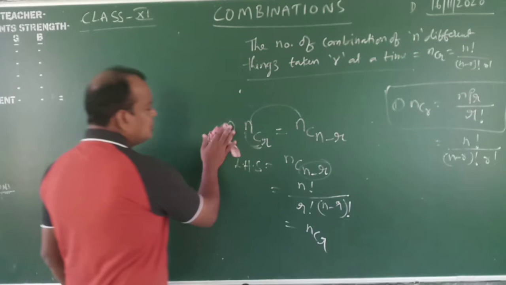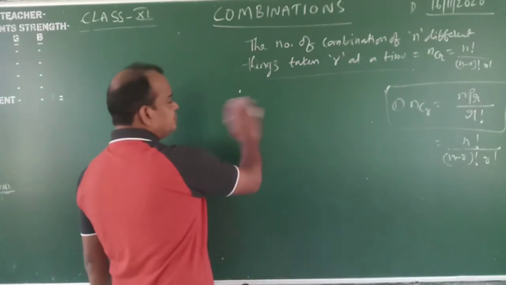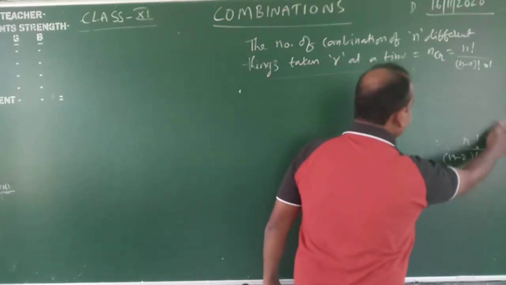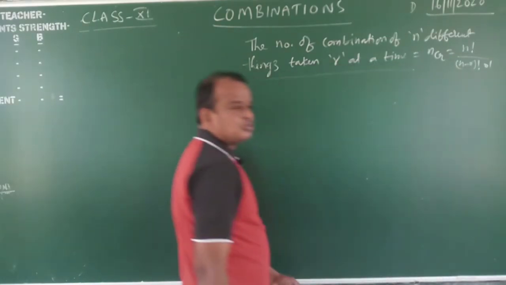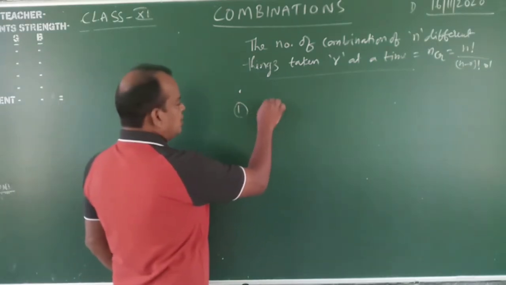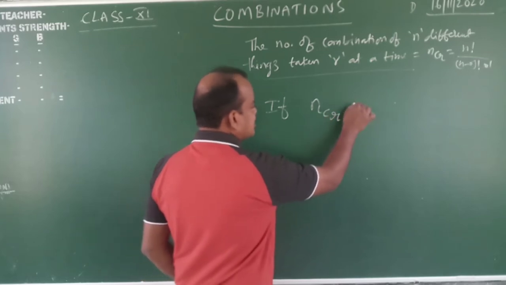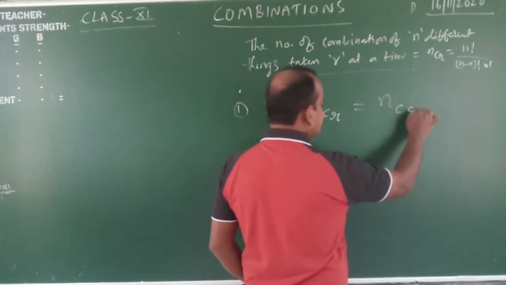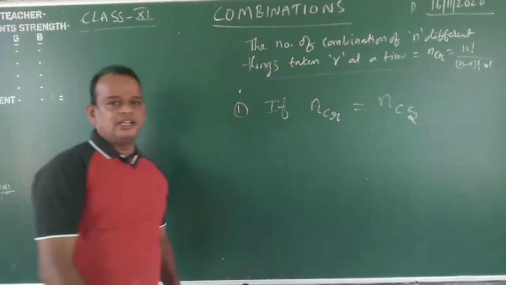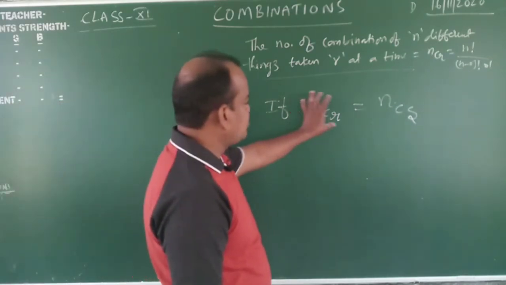Now we are going to the next level. Suppose two combinations are equal, that is, the number of selections of r elements is equal to the number of selections of s elements, nCr equal to nCs.